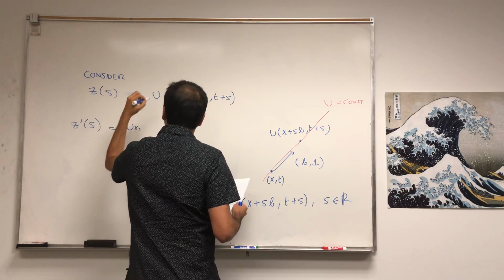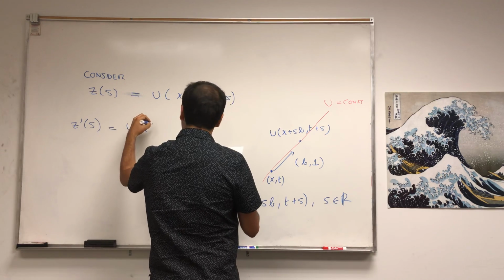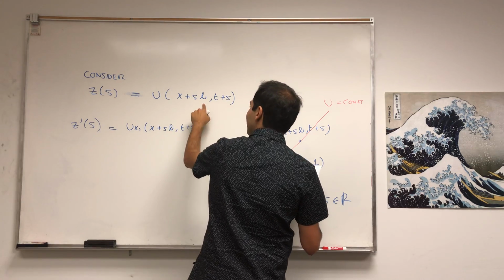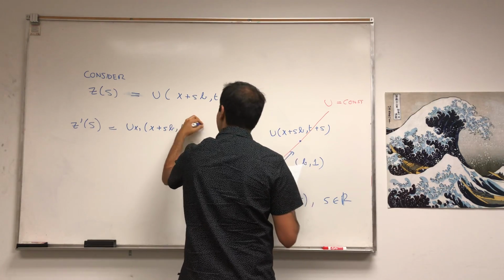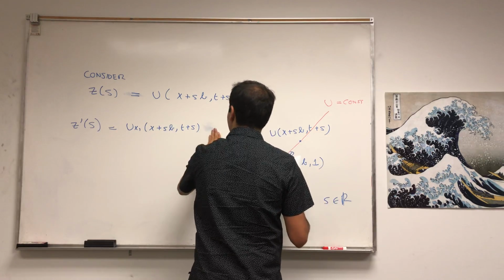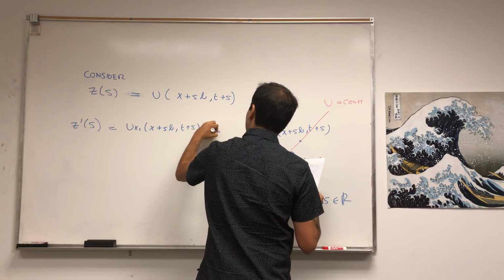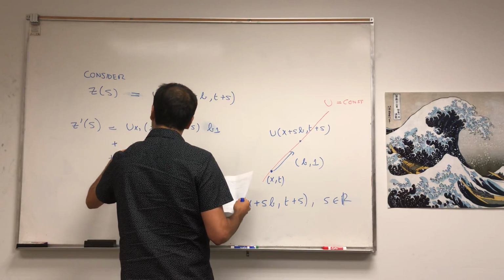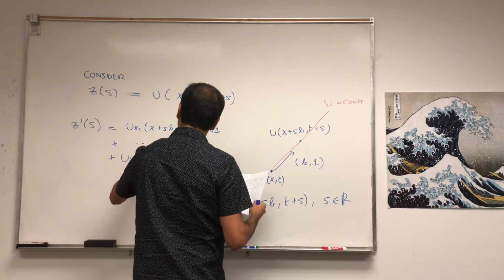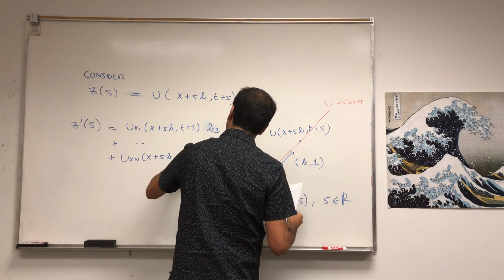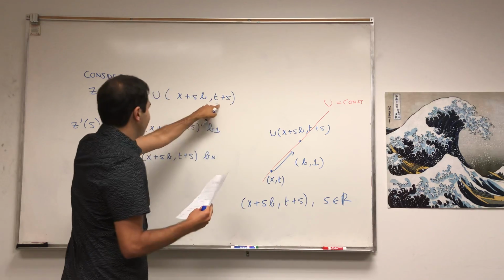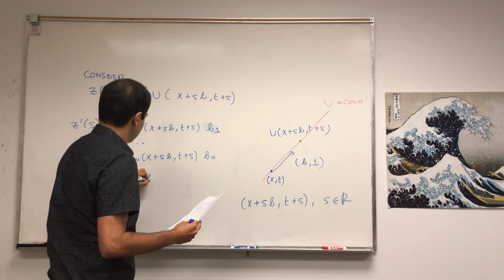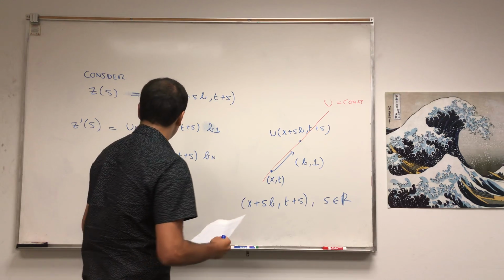It's u_x1 of this thing, x plus sb, t plus s, and you want to differentiate this with respect to s, so times b1, plus dot dot dot, you do everything in the n components, u_xn of x plus sb, t plus s, times bn, and lastly with the t component, that's u_t of x plus sb, t plus s, times 1.